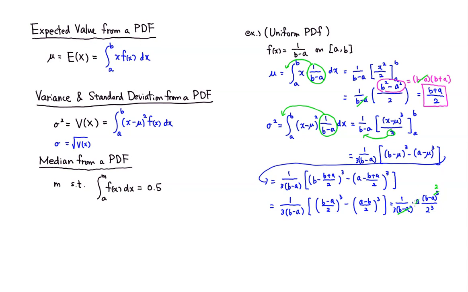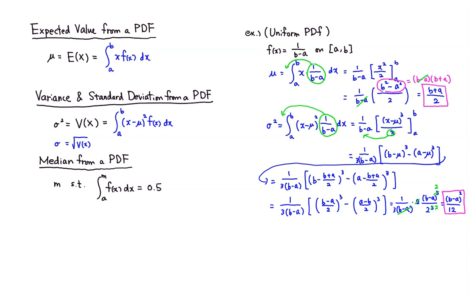And one of the 2 cancel out, so you're going to have 2 here. So this comes out to be b minus a squared on top, and over 2 squared times 3, so over 12. Right, so this is the variance, and if you want the standard deviation, you just have to take the square root of that.